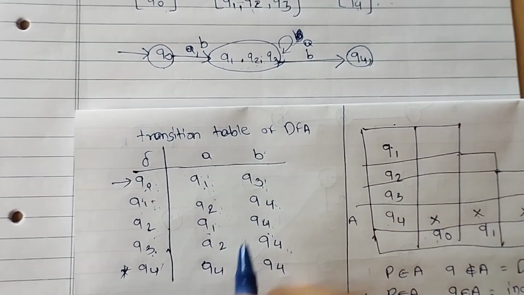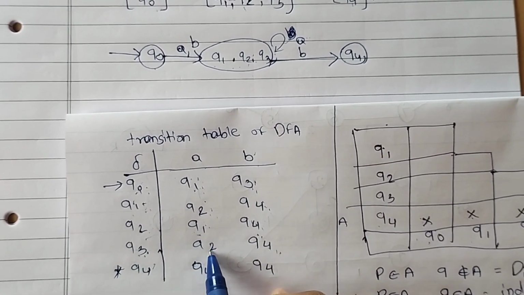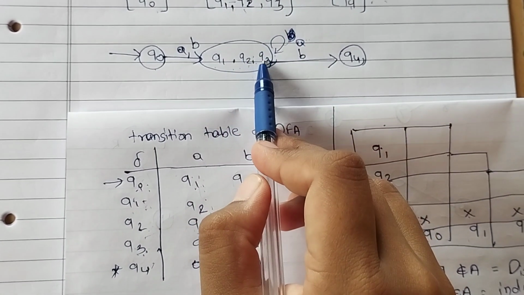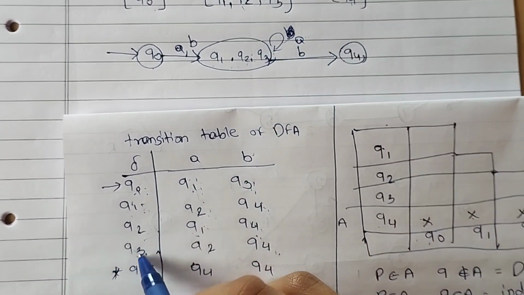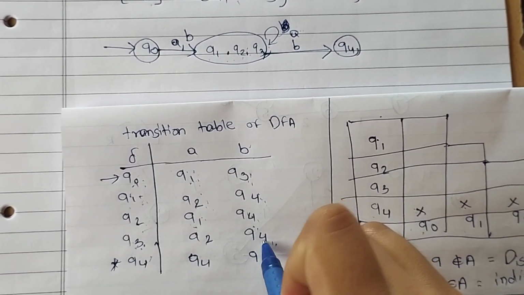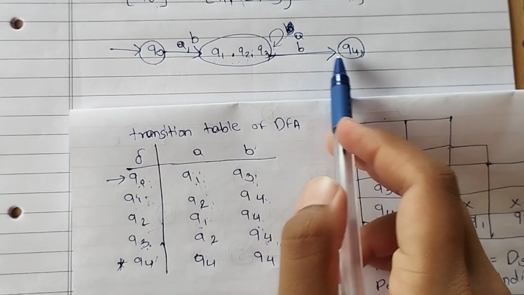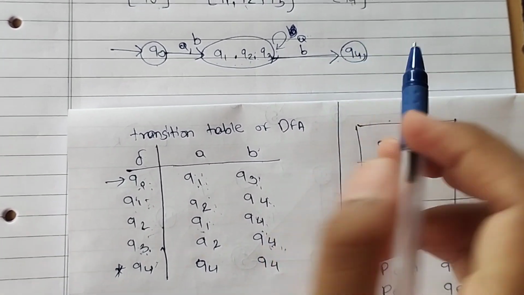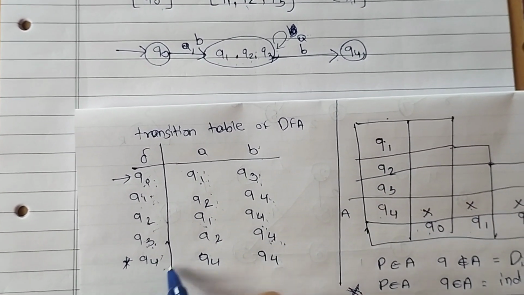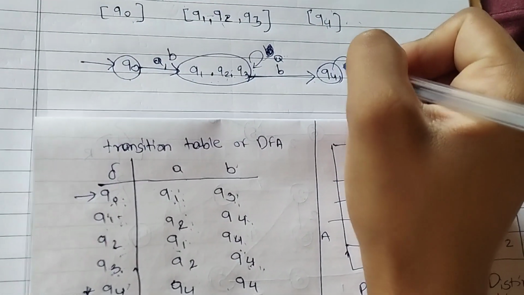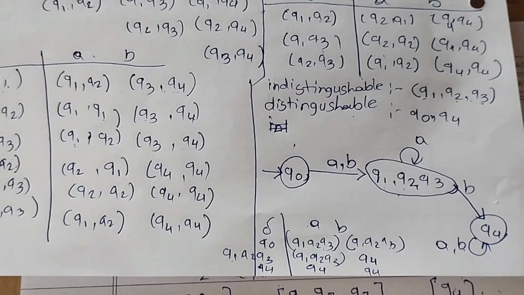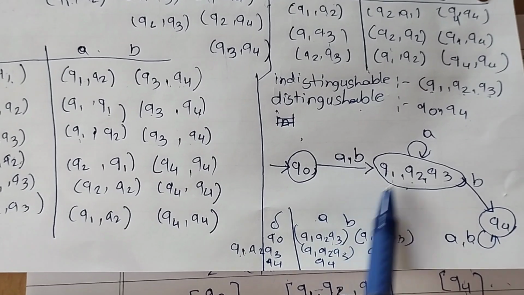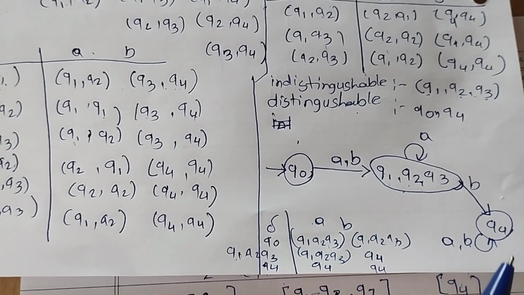So q3 also follows the same rule. q3 reads a in q2, q2 is present here, so a. q3 reads b in q4, we draw here already. So q4 reads a and b itself. So we see here what we drew previously by using the table method.